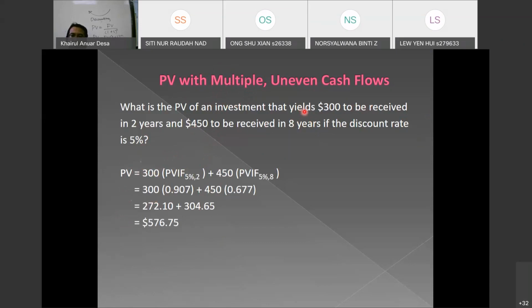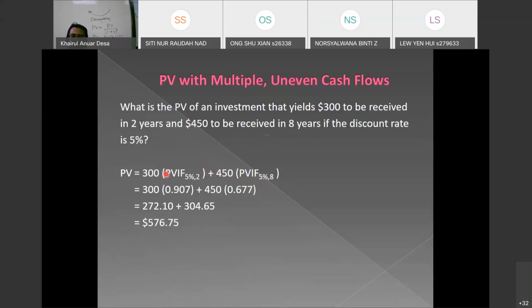Number one, 300 in 2 years, and then 400 in 5 years. Sorry, in 8 years, with the same interest rate of 5%.